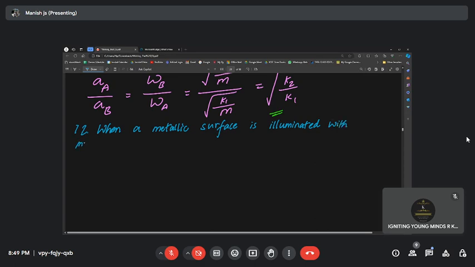What do you mean by monochromatic light? Mono means single, right? Chroma means color. Okay, single color. Monochromatic light of wavelength lambda. The stopping potential is 5 V naught.